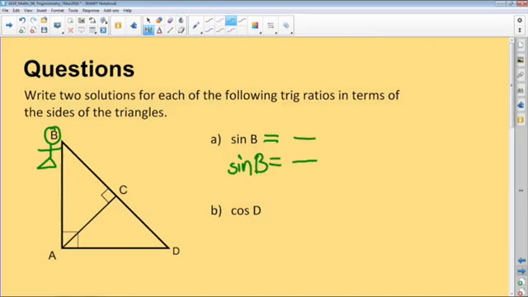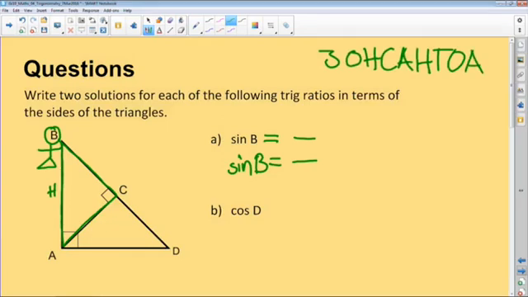Okay, so sine B, let's start first with this small triangle. And remember, the first thing I'm going to do is label the hypotenuse because that makes it easier to see the other lines. Sine is opposite over hypotenuse. So the other side we need is the opposite side.